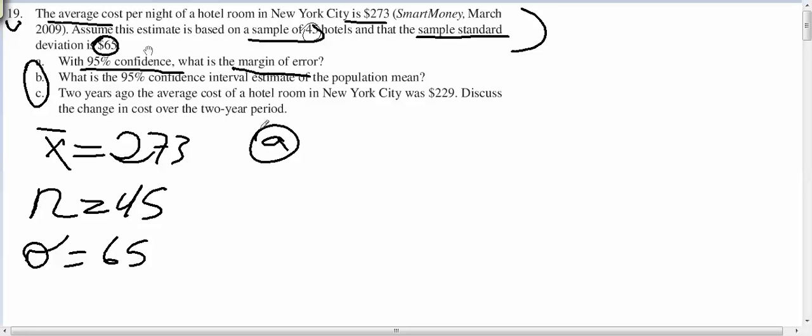With 95% confidence, what is the margin of error? Well, in order for you to answer this question, we must understand two things. What do they mean by 95% confidence?